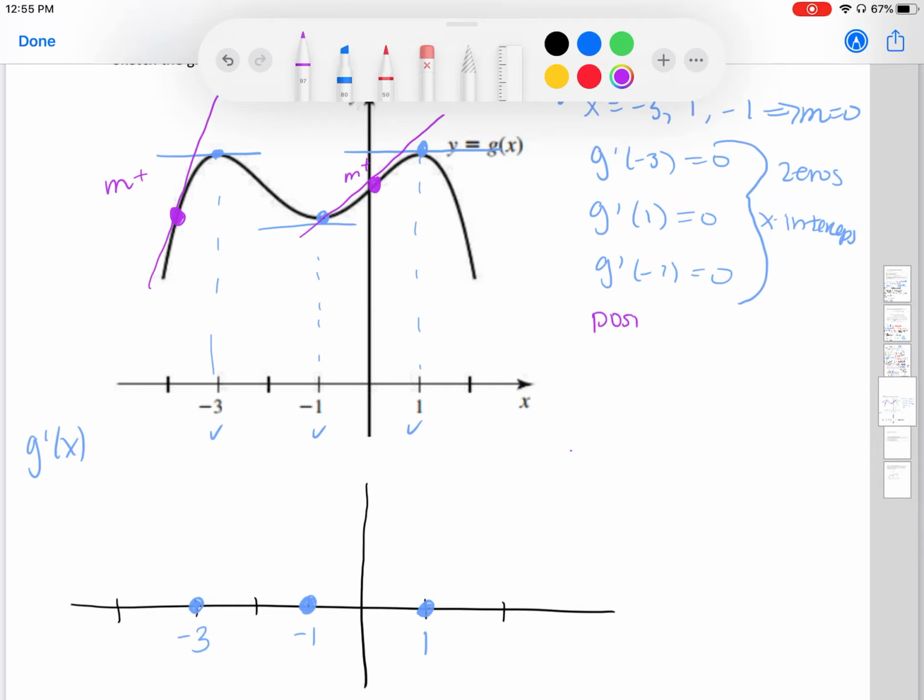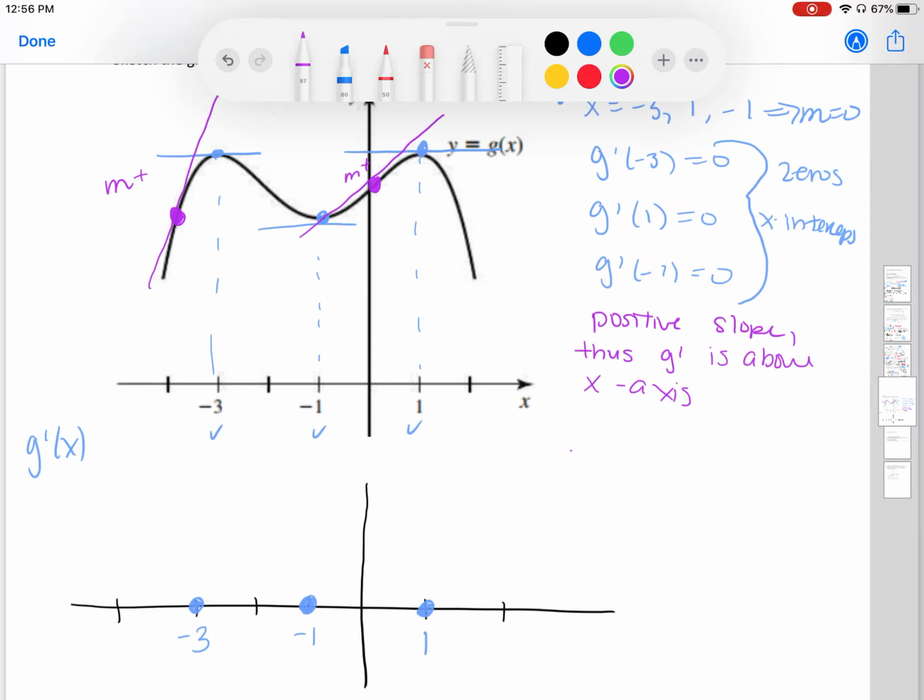So at these positive slopes, how does that translate to our derivative function? Well, what this does is it tells us that our derivative is positive, therefore above the x-axis. And where does this happen?